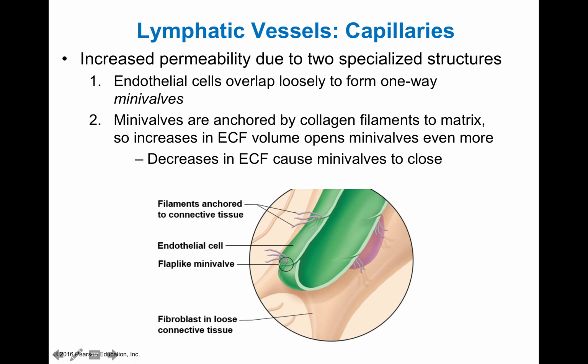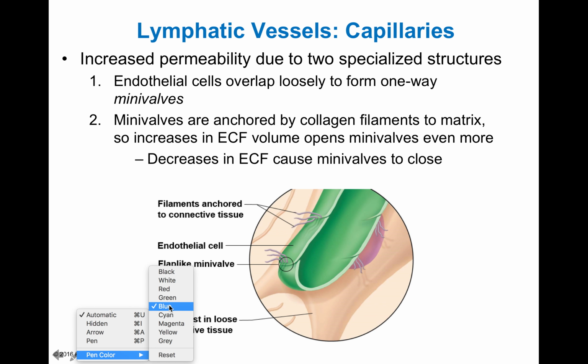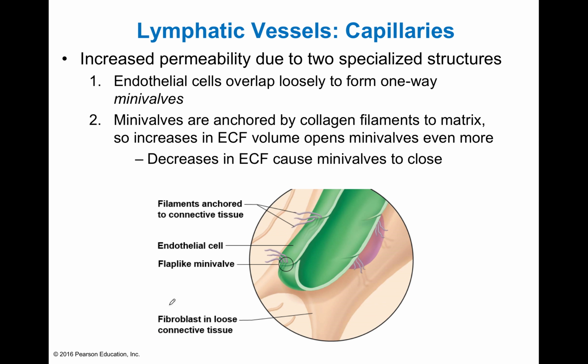Now, to ensure that the lymphatic capillaries are doing what they're supposed to do, you have a couple of specialized structures associated with them. One thing that you should notice is that the cells making up your lymphatic capillaries, which we refer to as the endothelial cells, are on top of each other.